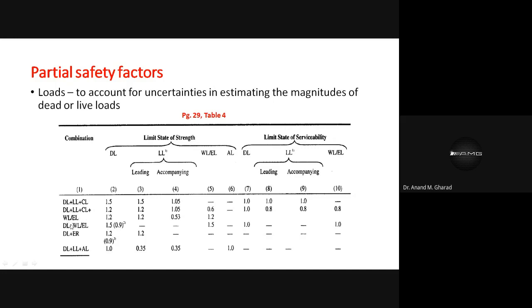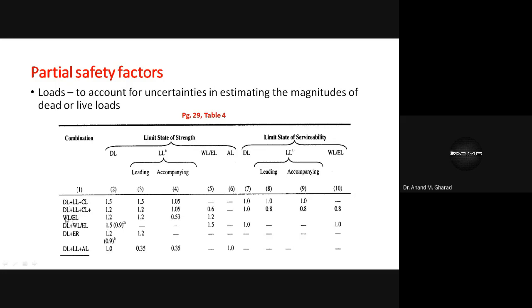Wind load or earthquake load, not both. It is considered in your IS code that the combination should not be taken simultaneously when wind load and earthquake loads are considered. The combination should be only dead load plus live load plus wind load, or dead load plus live load plus earthquake load.